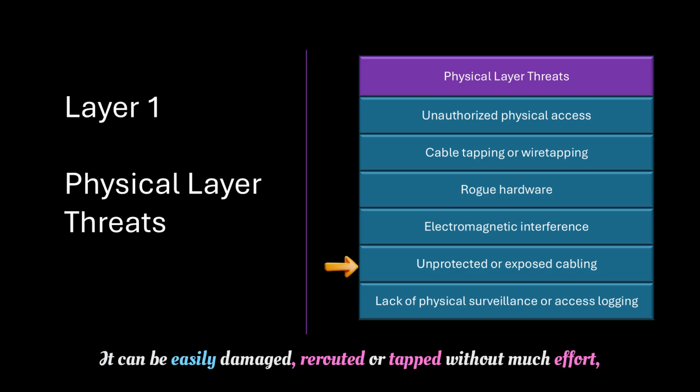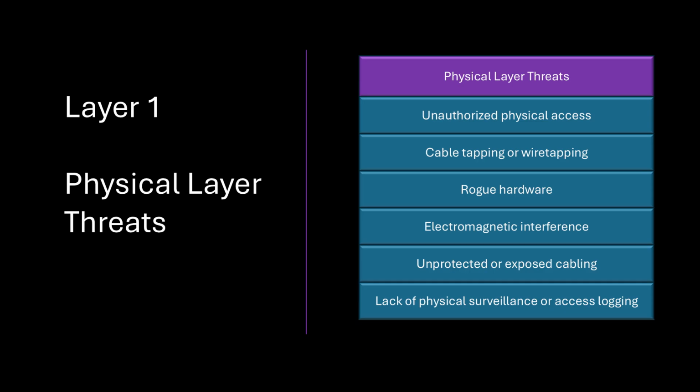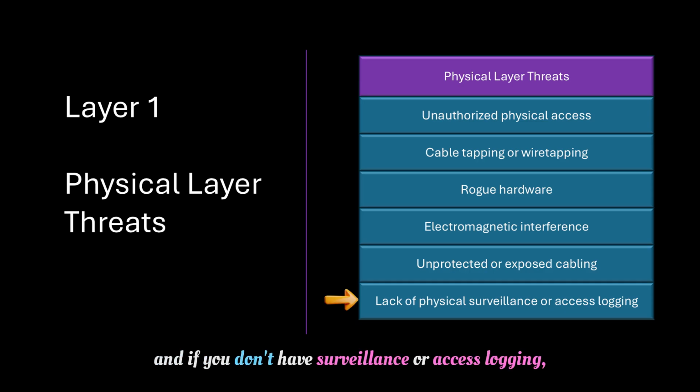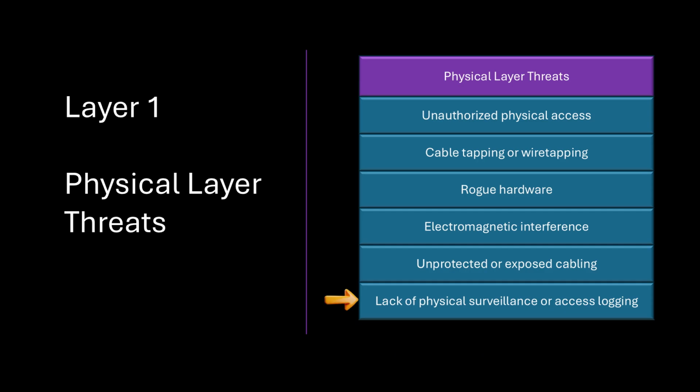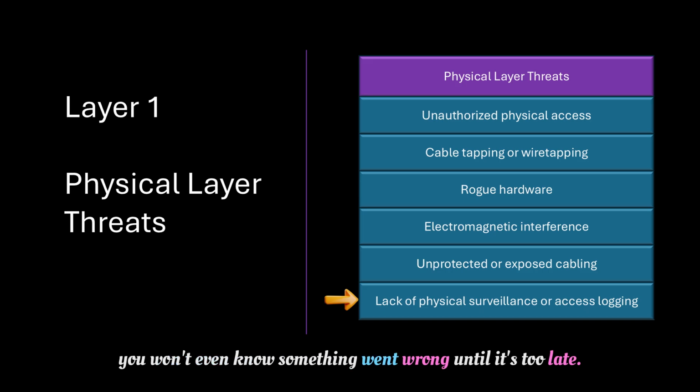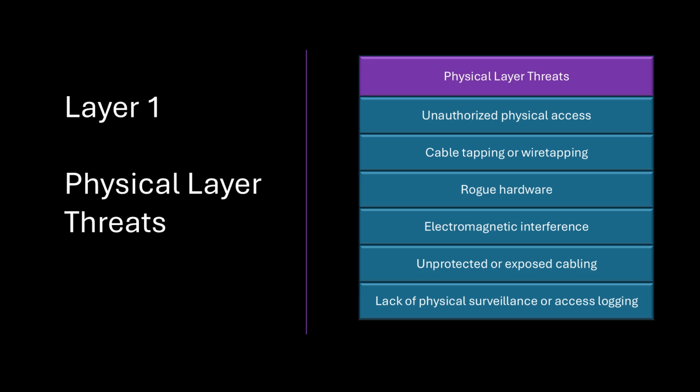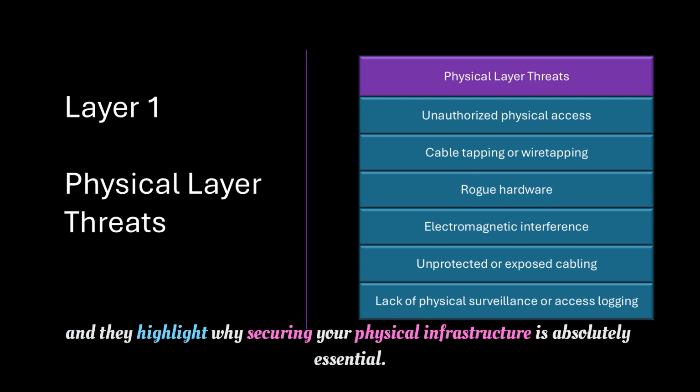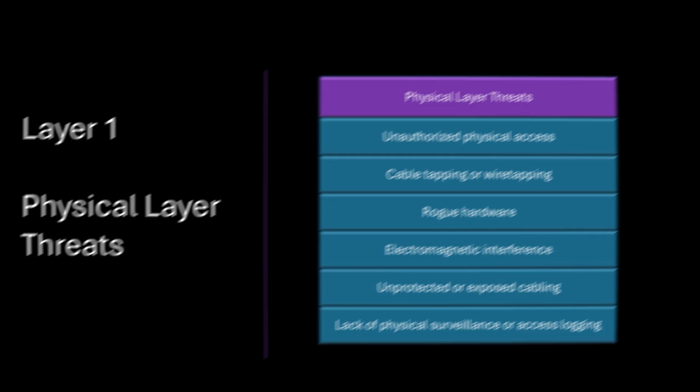It can be easily damaged, rerouted, or tapped without much effort. And if you don't have surveillance or access logging, you won't even know something went wrong until it's too late. These are low-tech but high-impact threats, and they highlight why securing your physical infrastructure is absolutely essential.